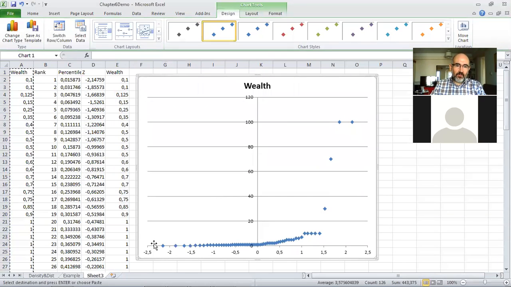Normally we have to have a straight line going up like this, but we have a probability plot that has a curvature. We can also see the same thing, remember, previously we did a histogram of the wealth data, and the histogram will confirm our expectations.